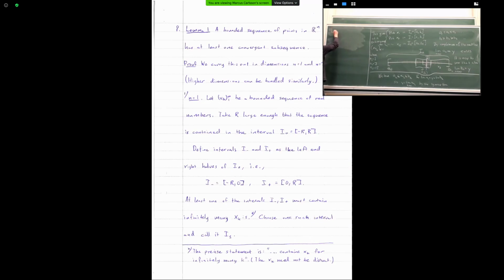So now let x_n be a sequence in R^2. So what this means is, how do we write this out? I have pairs, right? So x_1, x_2.